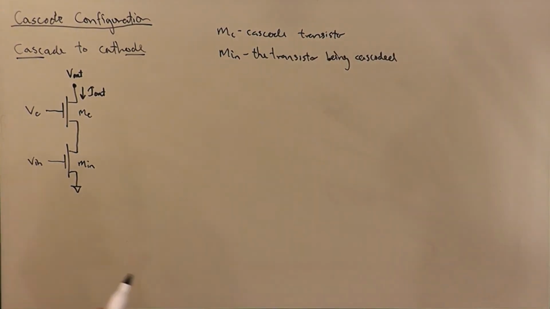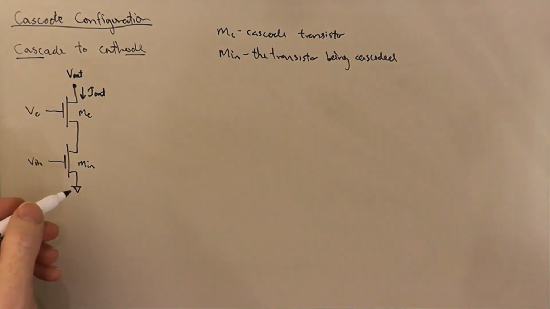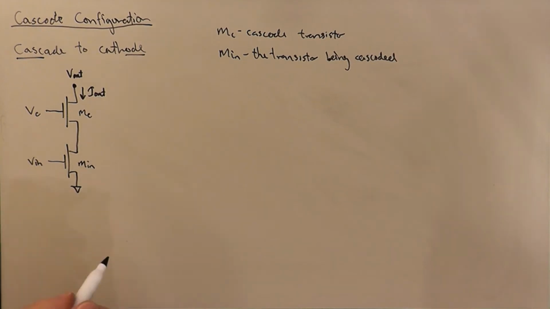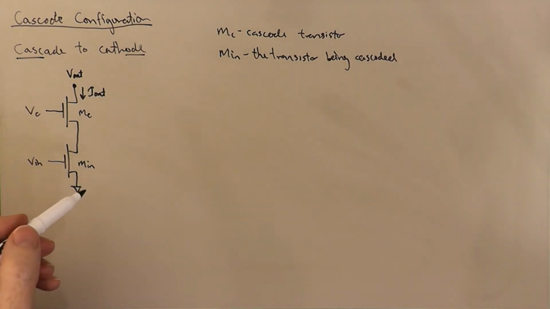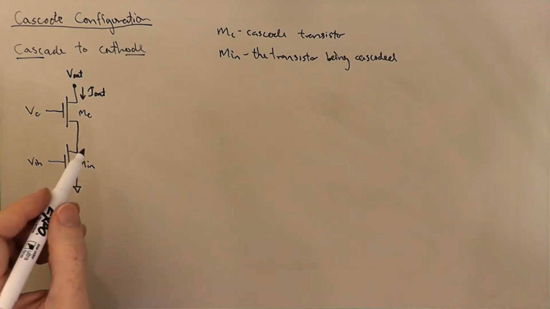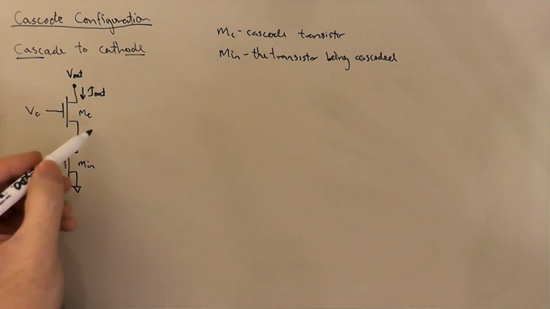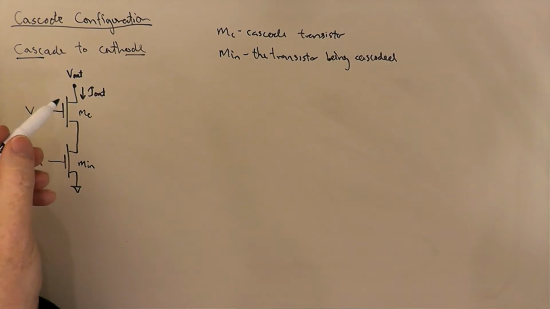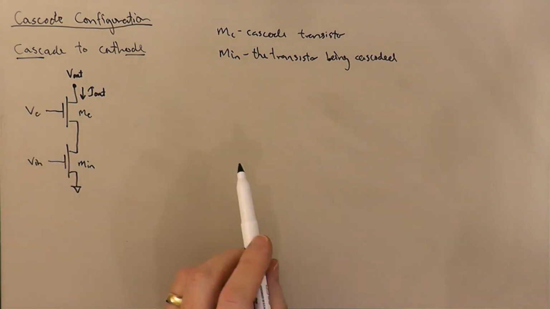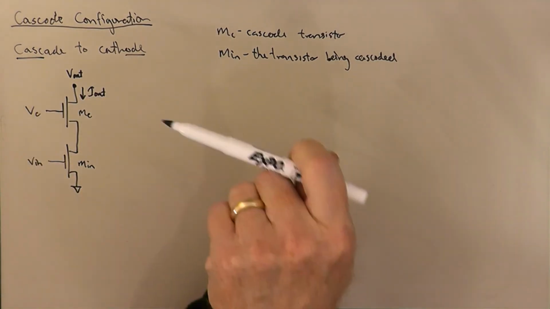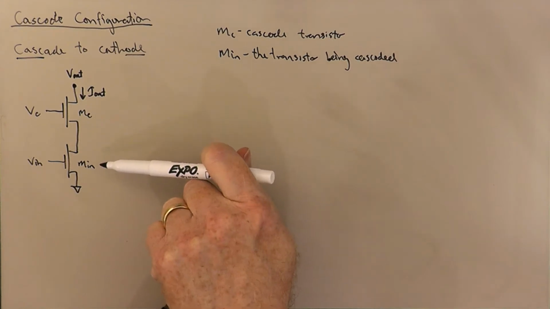This whole configuration is called a cascode configuration. We can use the word cascode as a noun to refer to the whole configuration. We can use it as an adjective to describe the cascode transistor. And we can use it as a verb: we can say that this transistor is cascoding this transistor.